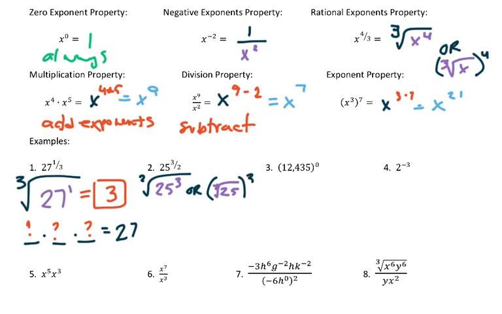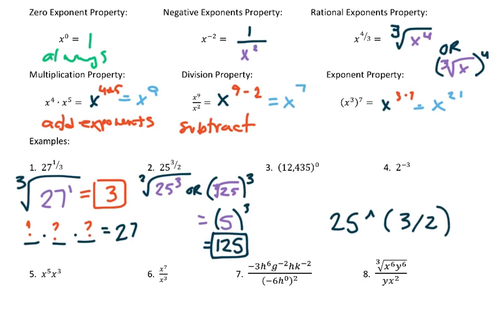And then from there, I'll bring it to the 3rd power. So 5 times 5 times 5 is 125. Again, something you could type into your calculator, 25 caret 3 divided by 2, but I don't want you to do that because I want you to actually know where it came from.